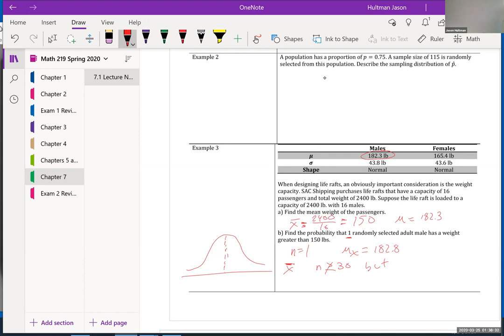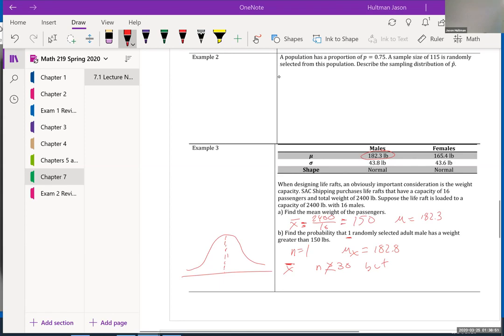So it's correct, I think. Yeah, mu x. So obviously there's a question on this.